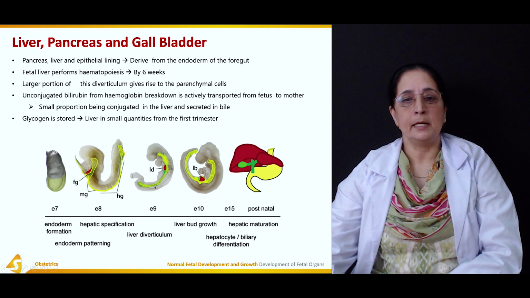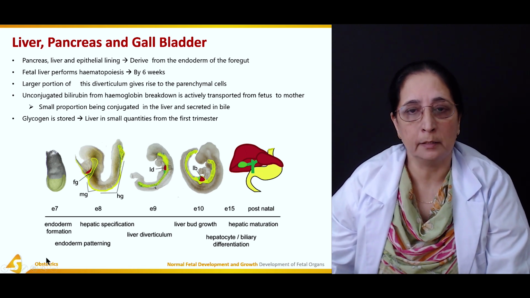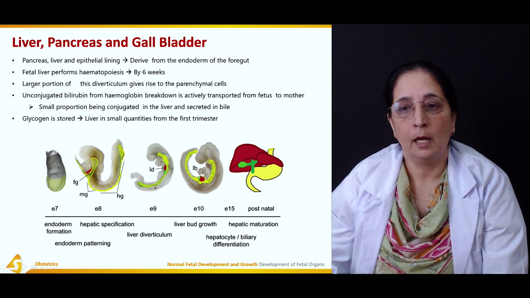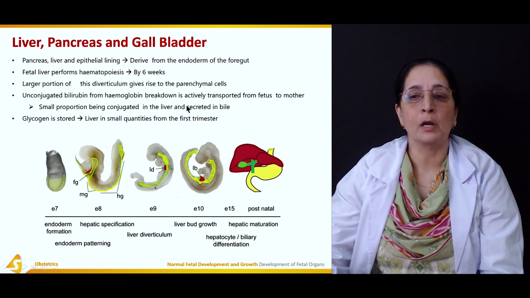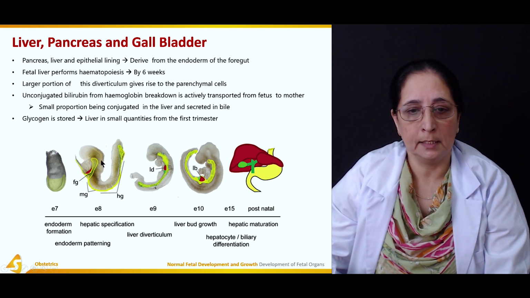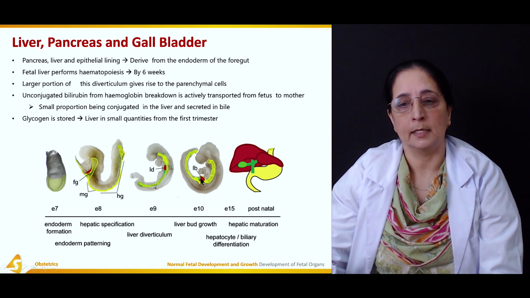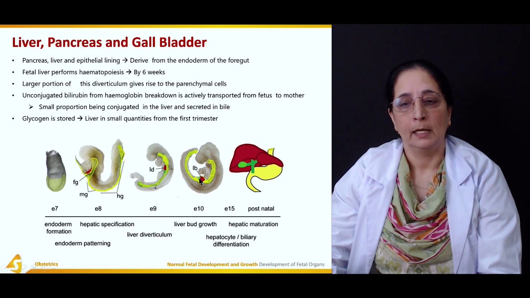And pancreas, liver, and gallbladder are produced from the endoderm, innermost layer of the foregut, front of the gut. So foregut here, you can see this is the beginning of the liver, and then the pancreas, and then gallbladder is attached to the liver.